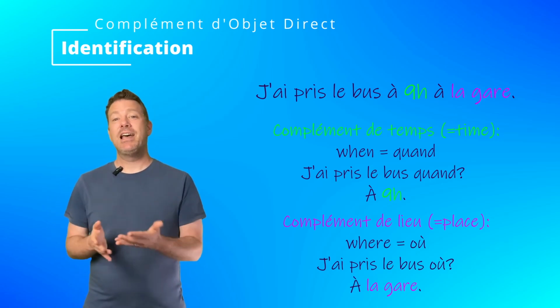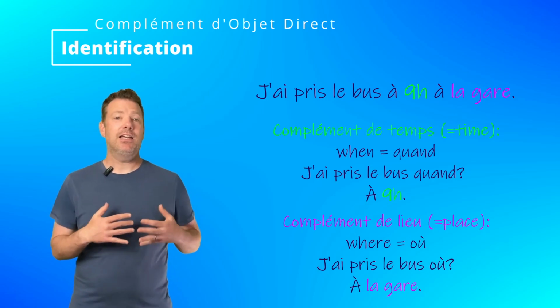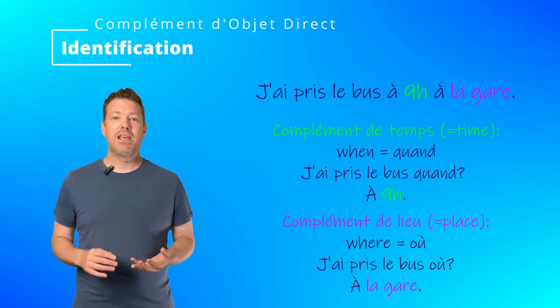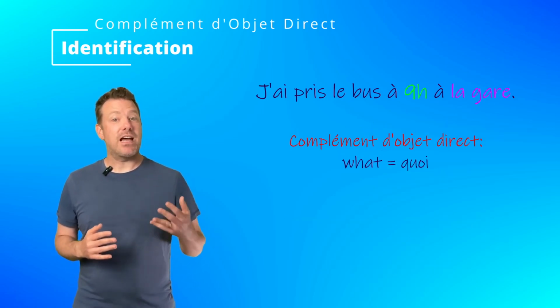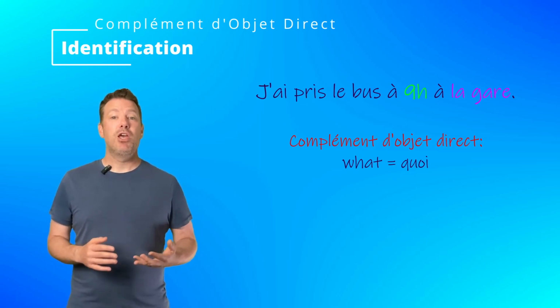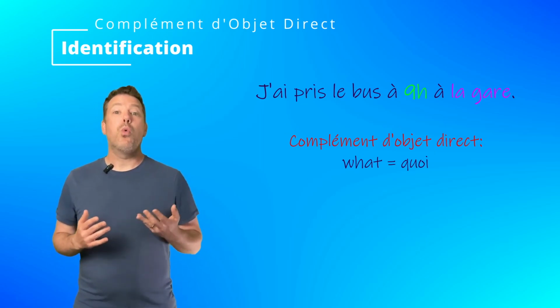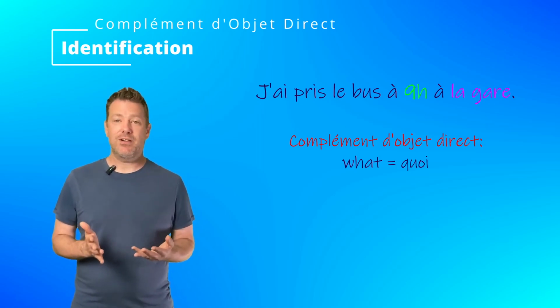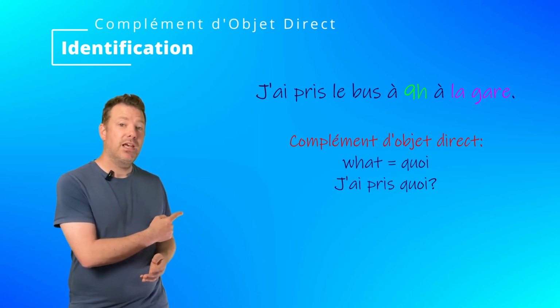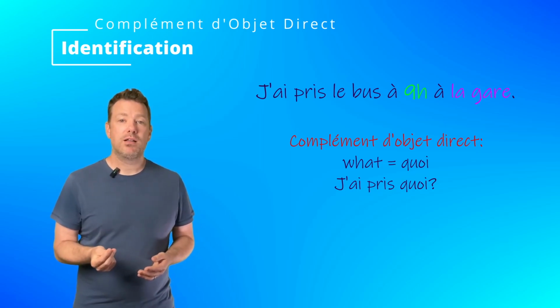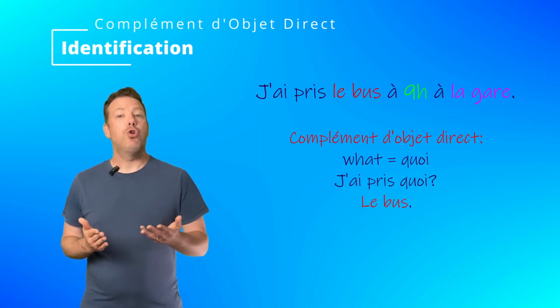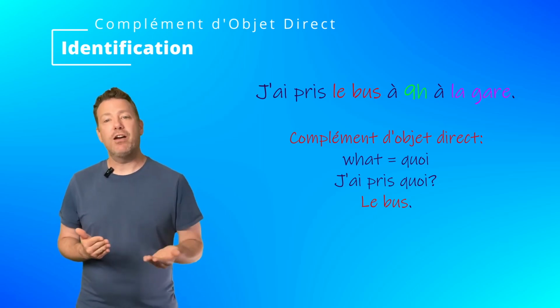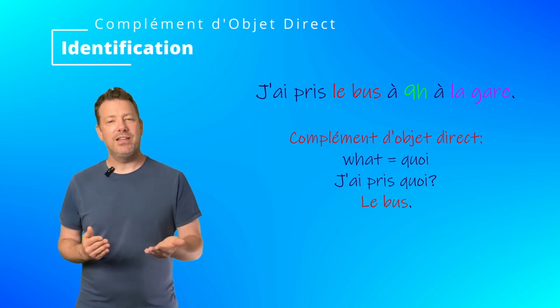The answer is à la gare. La gare is your complement of place. And finally, to identify the direct object complement, you need to ask the question what or quoi in French for things, right? The question will be j'ai pris quoi? And the answer is le bus, which is therefore the COD.